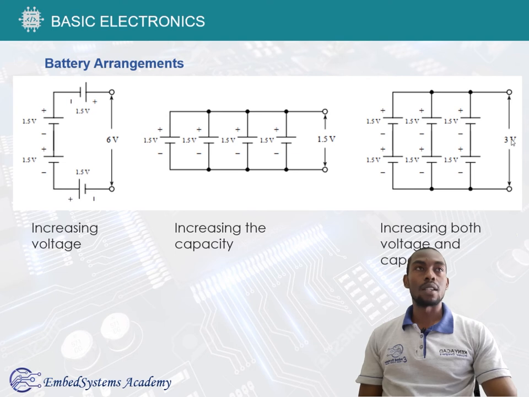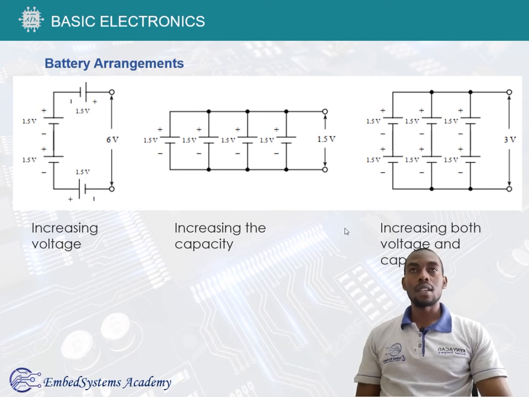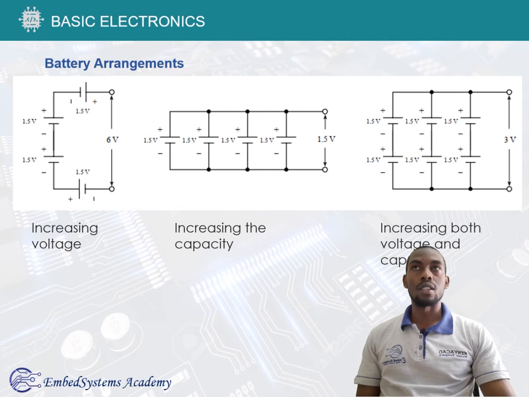We will obtain a 3 volt battery arrangement, and we shall also have an increased capacity. So with these arrangements, in a system where you need 6 volts and you have 3 volt batteries, you know how to do the connection so that you have the voltage you need in your circuit.